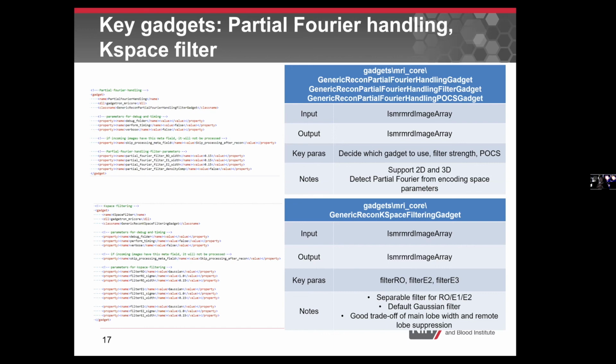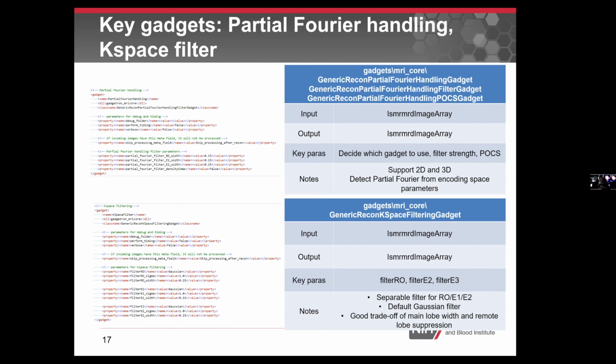This gadget will automatically determine which portion of k-space should be processed for partial Fourier from the protocol information. The user can specify the parameters subject to the algorithm we use. If we have some other partial Fourier algorithm, then that's the place to implement it.